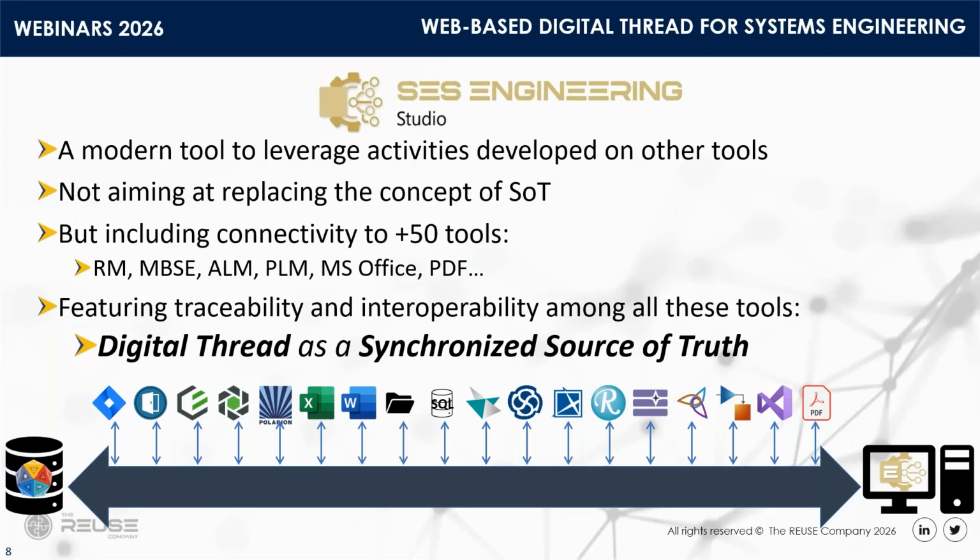Now the information does not belong to one tool, to one team, but to the whole project, and they all must be synchronized and coordinated. And this is the approach that Systems Engineering Studio enables.